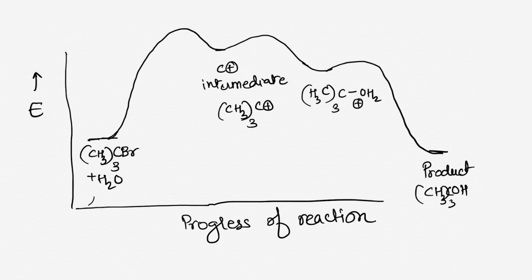So, if I look at this energy profile diagram, as you can clearly guess, the rate determining step of the reaction, that is the step that takes the longest time or the slowest step of the reaction, is the first step towards the formation of this carbocation, because you are going to take the longest to go over that first hill, then after that everything else is a downhill process.